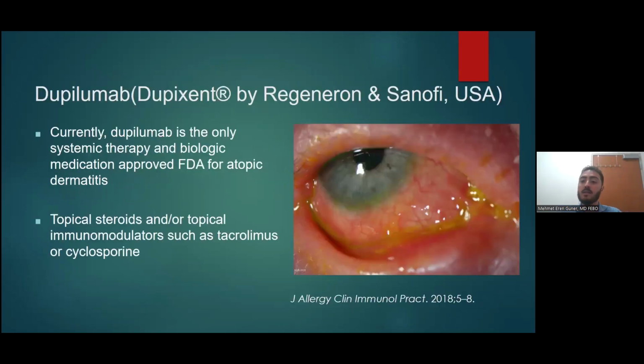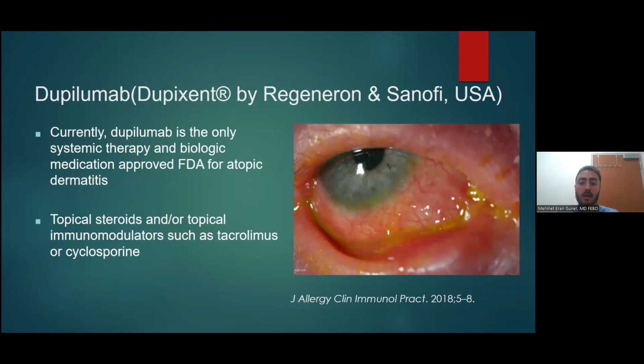All right, one thing, this is an update that I have to discuss with you. We have a rather new medication that the dermatology folks use for atopic dermatitis. It's the only biologic medication approved by the FDA, dupilumab, and that is causing very, very severe conjunctivitis.